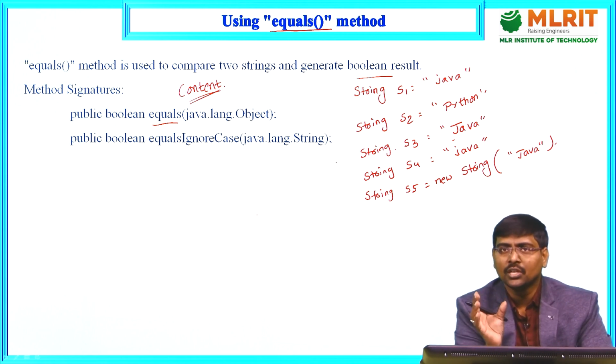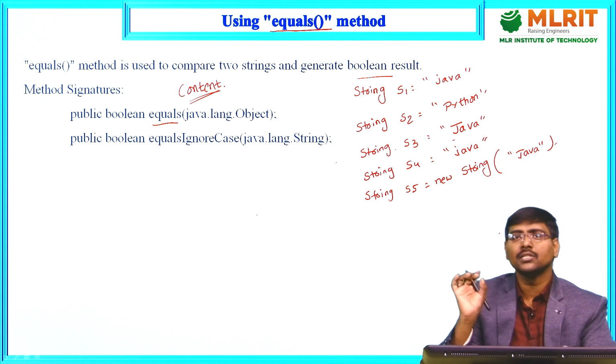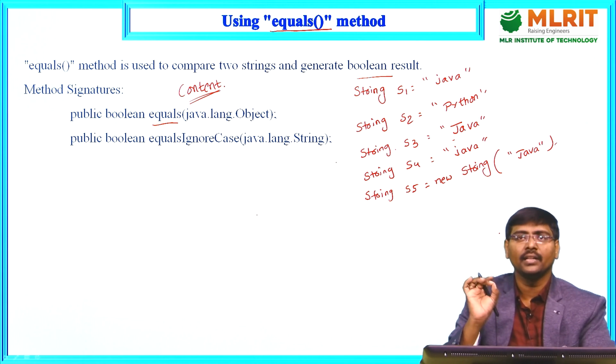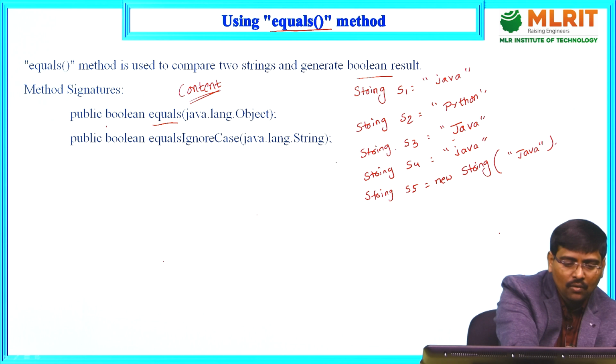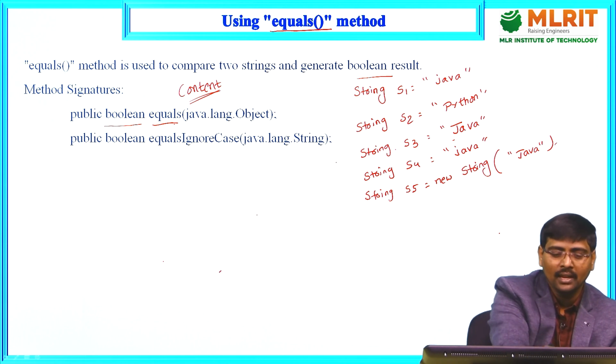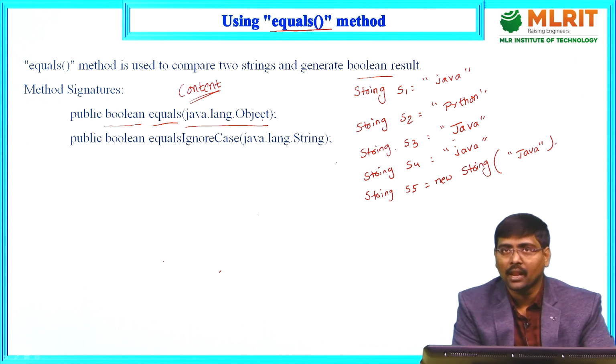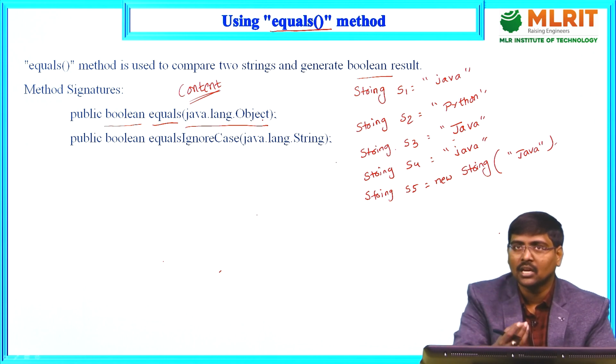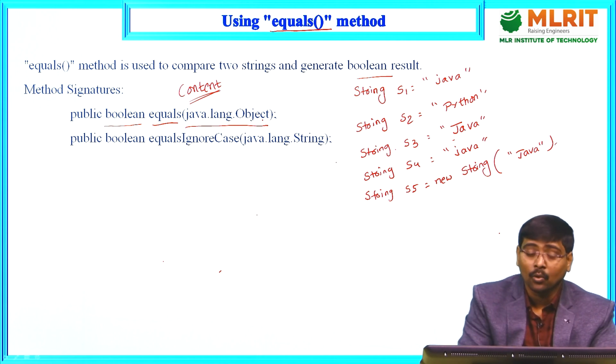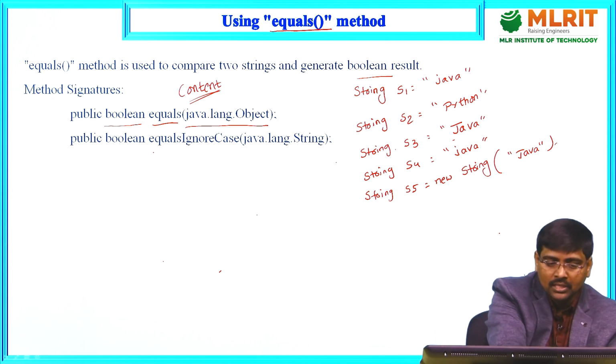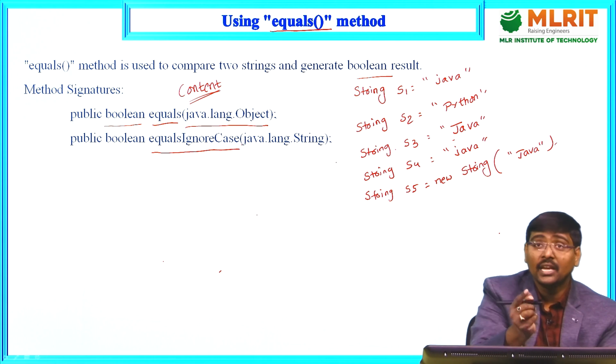If the two strings are equal, it returns true. Otherwise it returns false. So see, what is the return type? Boolean equals. Here you can write any string parameter, whether String class or StringBuffer class or StringBuilder class, any one.